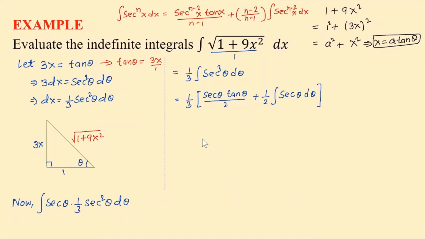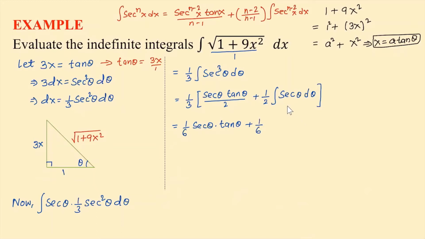Okay, let's go to the next step. Here we have 1/3. If I distribute that, there is 2 in the denominator, so that will be 1 over 6. 1/3 times 1/2 is 1/6. 1/6 secant theta times tangent theta, then plus 1/3, and here is also half. 1/3 and half will give you 1/6 again.